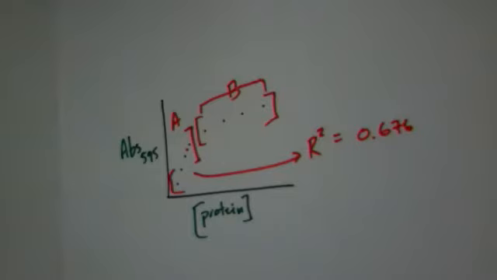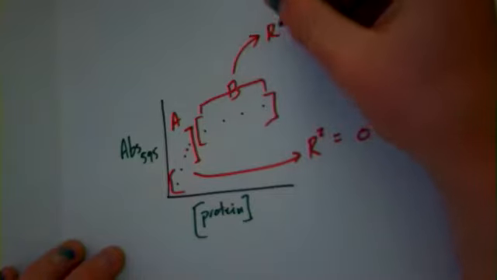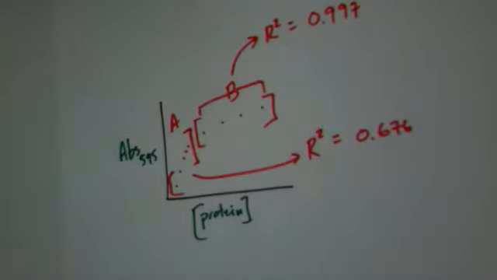Oh boy, that's not particularly good, is it? Compared to B, where maybe you have an R squared value of 0.997. Your goal whenever you're looking at an R squared value is you want to see how linear your data is. And so you want something as close to 1 as possible.